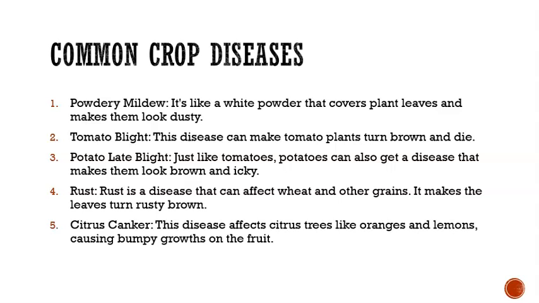Rust. Rust is a disease that can affect wheat and other grains. It makes leaves turn rusty brown. So rust is a disease for grains like wheat, making leaves rusty brown.